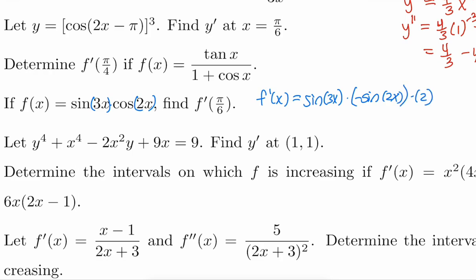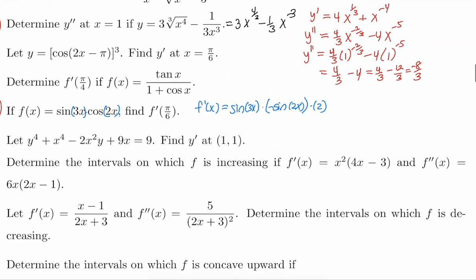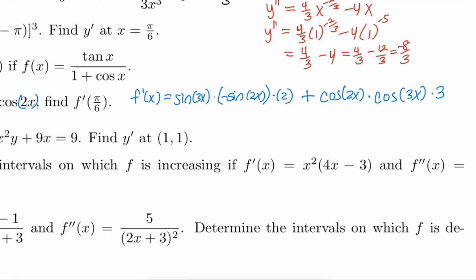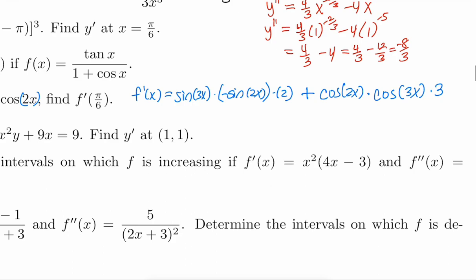Don't forget that part. Plus the second times the derivative of the first. What's the derivative of a sine? Cosine. A cosine of the stuff times the derivative of the stuff. So initially, that is what we're going to get for our first derivative.